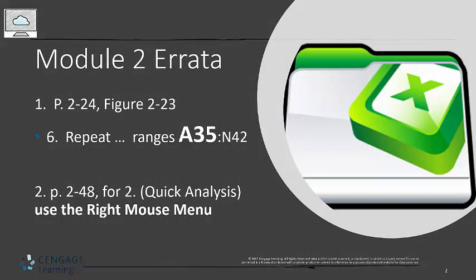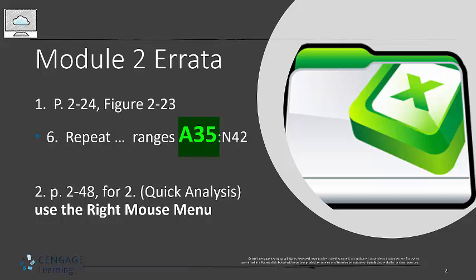Before we explore some of the highlights of the module, let's address some textbook typos that you should correct before starting. On page 2-24, in figure 2-23, instruction 6 that starts with repeat ranges A35 through N42. So make that correction.